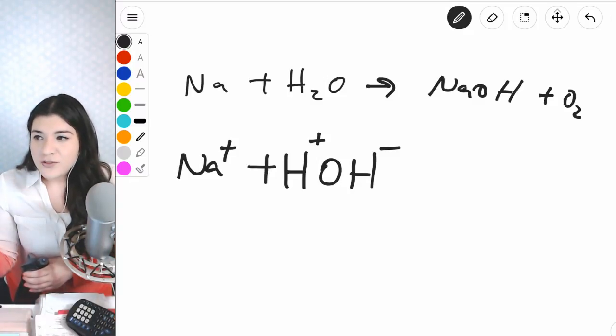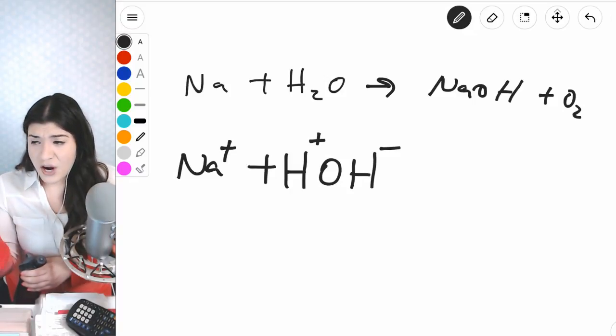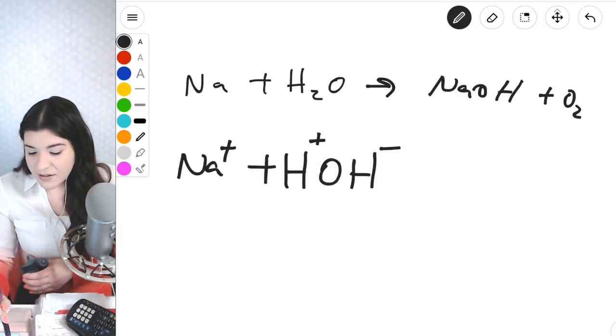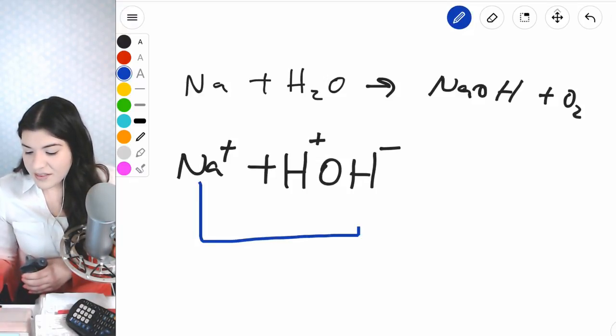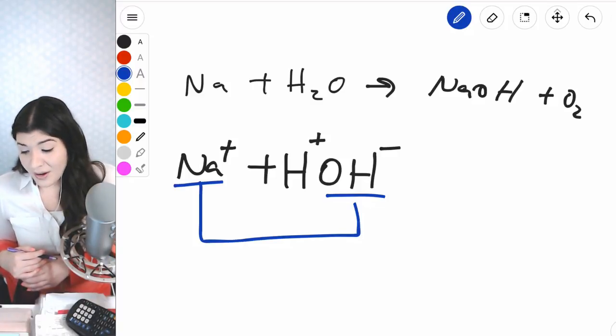And we know that in chemistry, the opposite charges will then attract. So now what's going to happen is, instead of this forming NaO, it's instead going to focus on combining with hydroxide. So these two would have actually preferred to combine with each other.